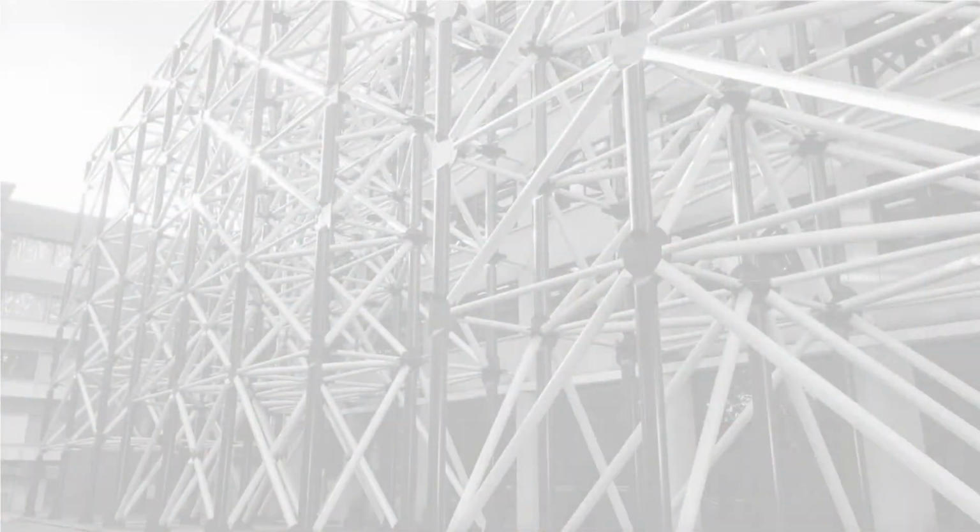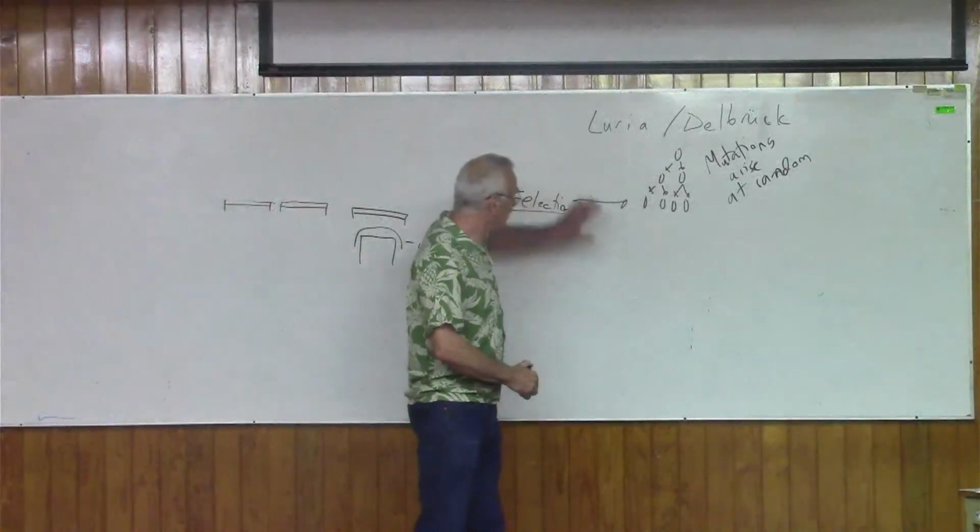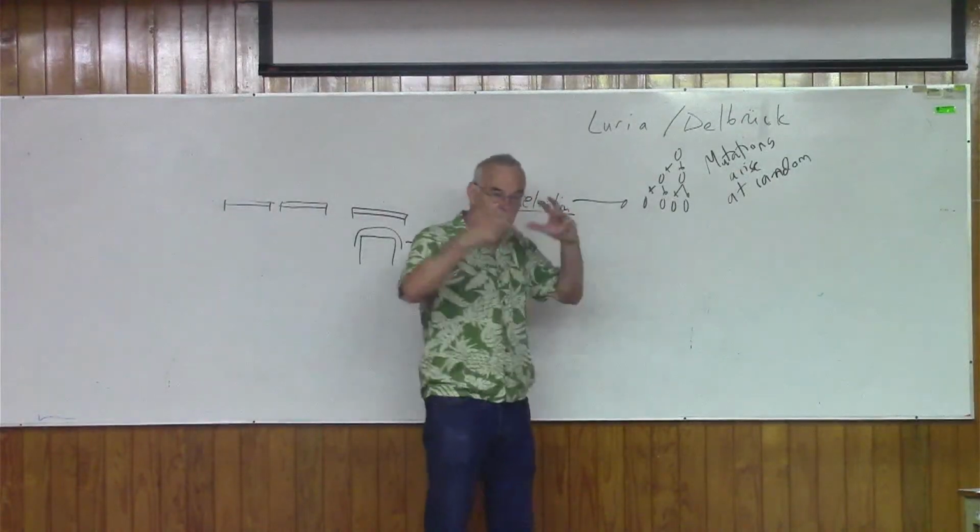So a cell divided. Older version that when you hit a selection, that's when mutations occur in response.